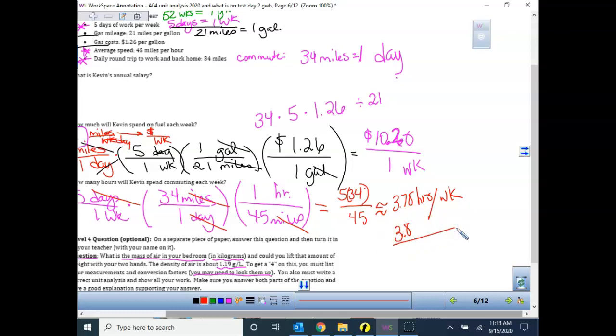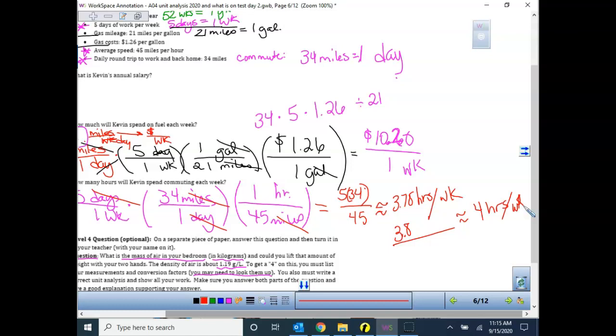I'd take that. Could after the 3.8 you say, you know what? It's almost 4 hours a week, right? That we are on the road commuting. Yes, I would take that, but make sure that if you get the decimal that you show me at least what that decimal is before you round it to a whole number, okay?